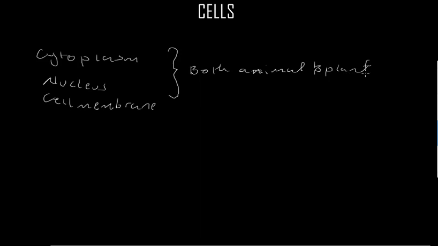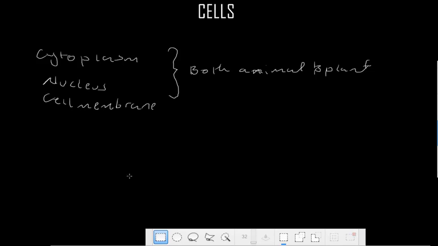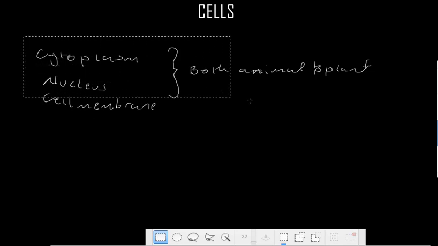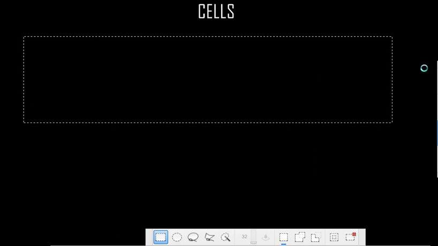Now let's look at what is different in these two types of cells, the animal and the plant cell. What is different? So firstly, when we talk of the differences between the animal and the plant cells, the differences do not only come in what constitutes the animal cell and the plant cell, but also just from the outlook, the look of these two cells.